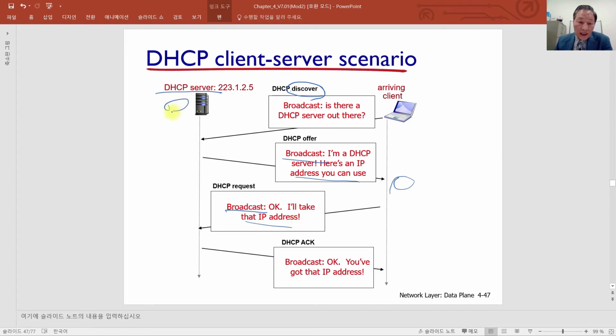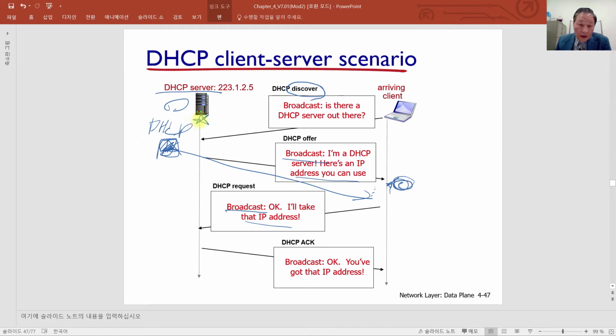If there is another DHCP server, as I mentioned, it will also broadcast an offer, and the client should choose among them. If the client chooses one of them, that request arrives at this server, and the other server is neglected. The IP address offered by the other server is not assigned to this client and may be used for another client later.